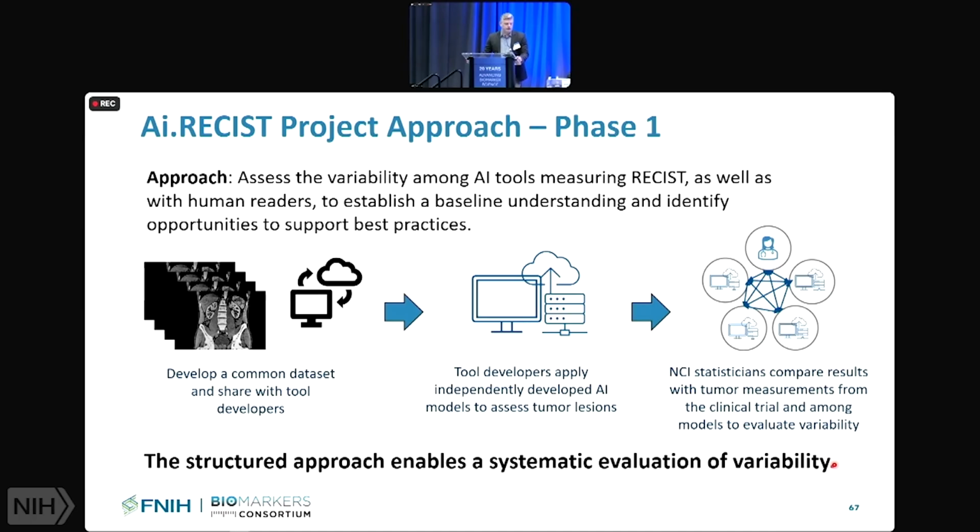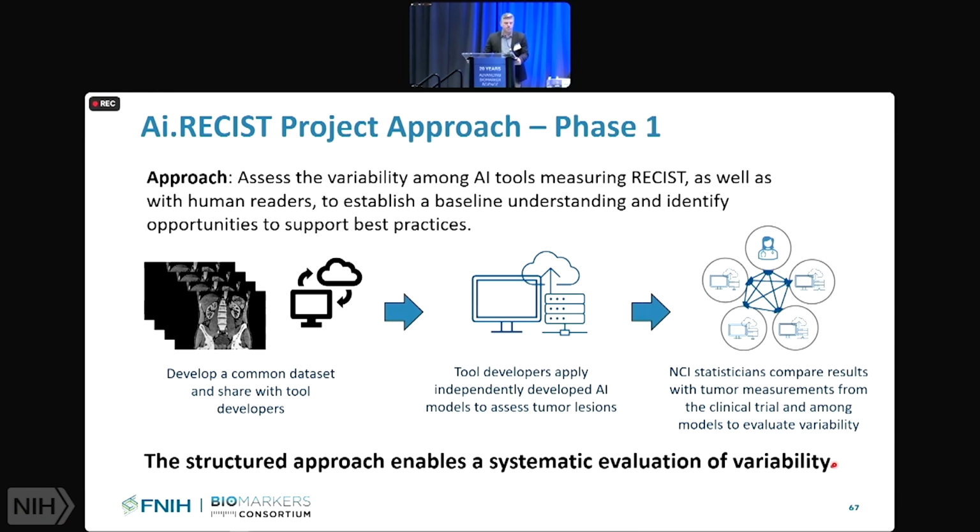What we've constructed here is partnering with about a dozen different tool developers that have the capability to measure tumor change through AI-enabled tools, and have identified a common data set which each of the partners will evaluate and will be able to understand the extent to which they agree. So the purpose here isn't just to find scenarios where variability exists and become concerned about it.